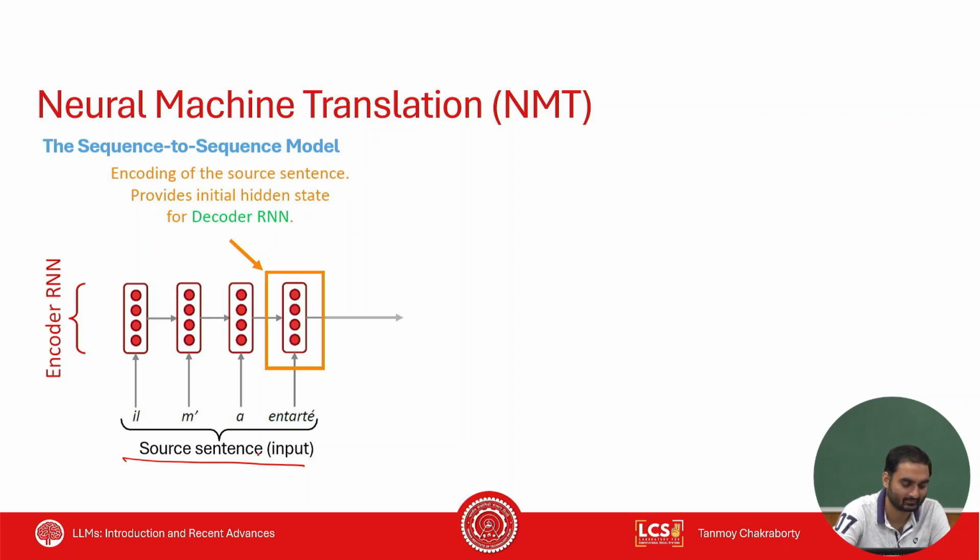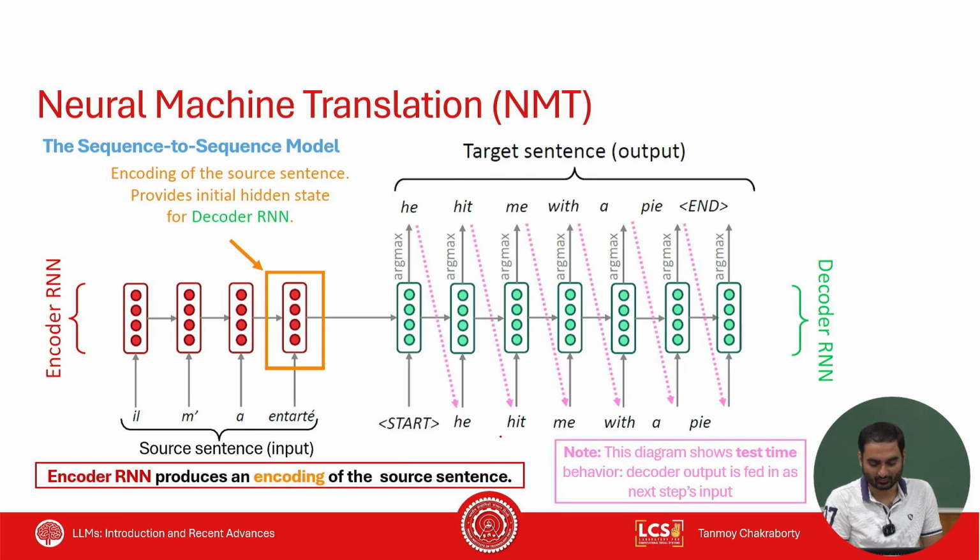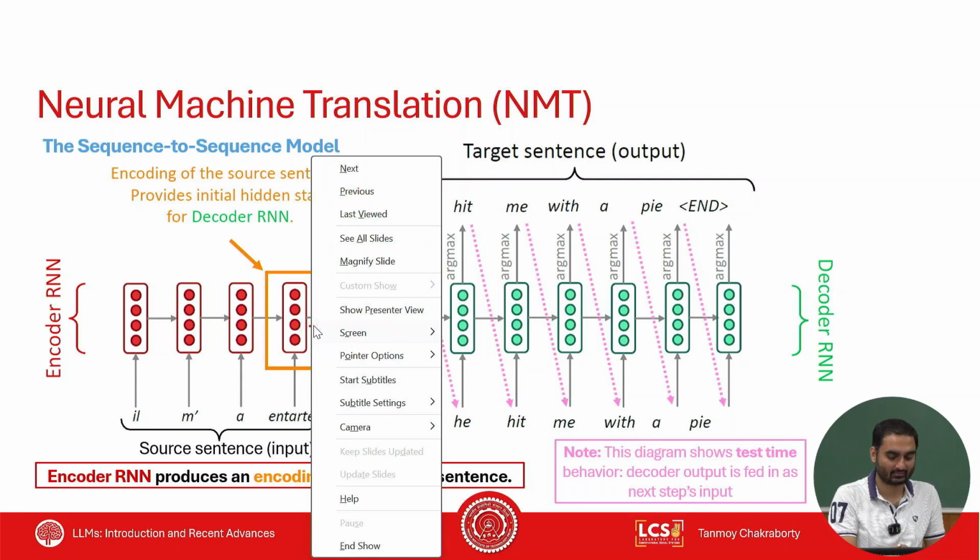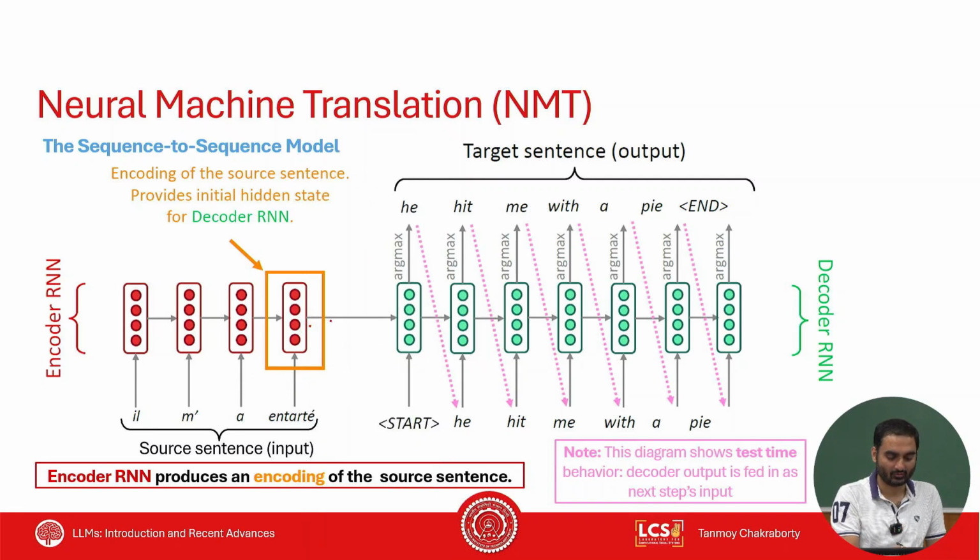Let's say this is the French sentence, and you use a simple RNN, right, to encode the sequence. And let's say this is the last hidden state, right? And this is your output. The output, the translated version of this French sentence is he hit me with a pie. Okay, so the last state of the previous RNN will be fed to the first state of the output RNN, and the remaining process will follow.